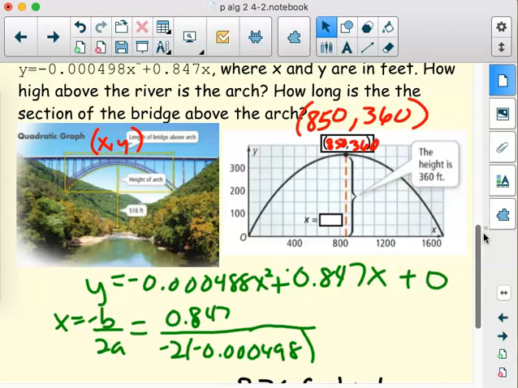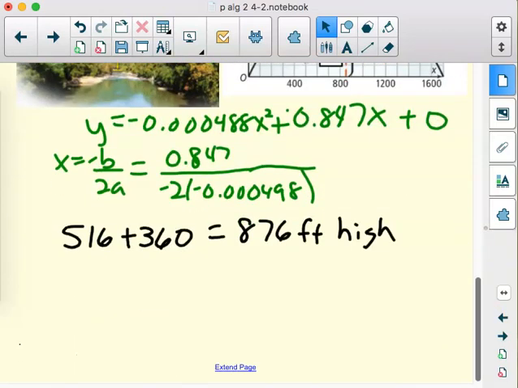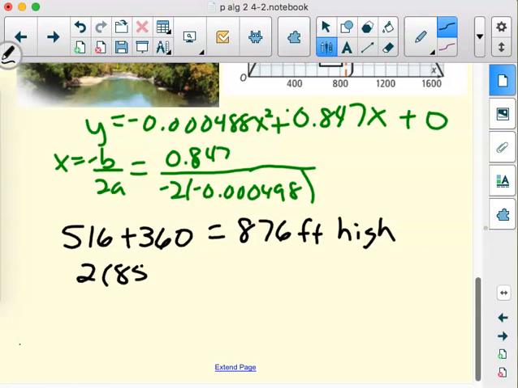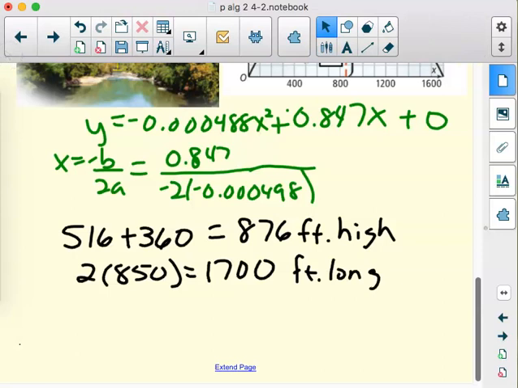So we could just take 850 times 2. 1,700 feet long. Now we left off some decimals, so our answer's not perfect, but it's pretty doggone close to what we would need.